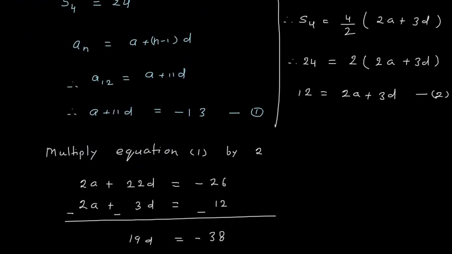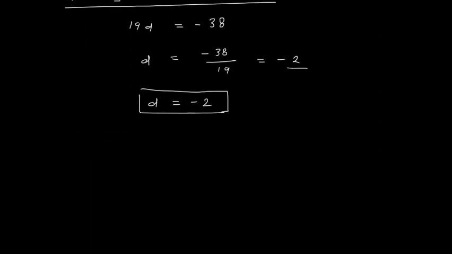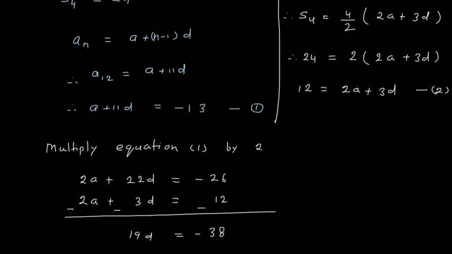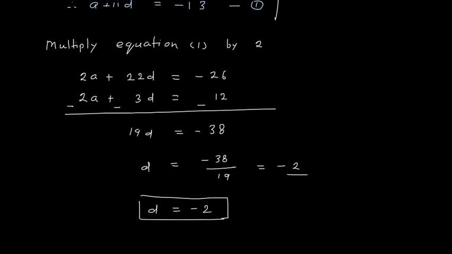Now I will put this value of d in any of the equations. So put d equal to minus 2 in equation 1. It is a plus 11d, so a plus 11 into minus 2 is equal to minus 13.